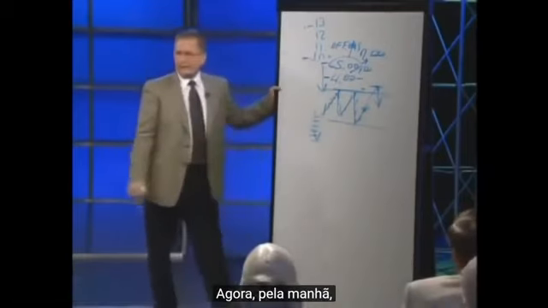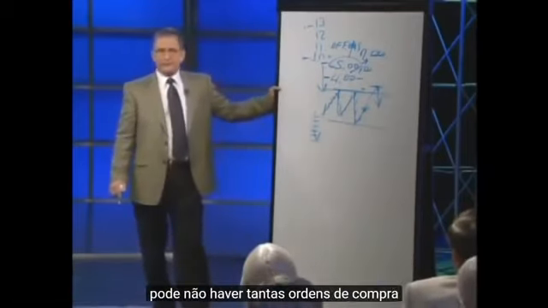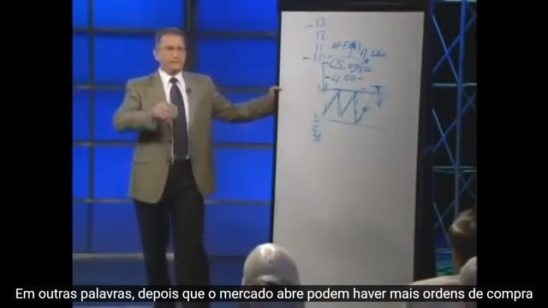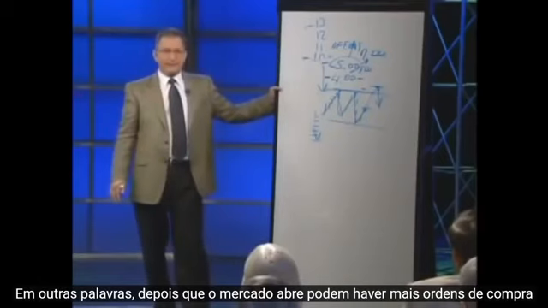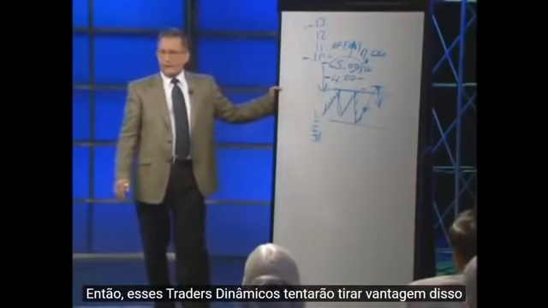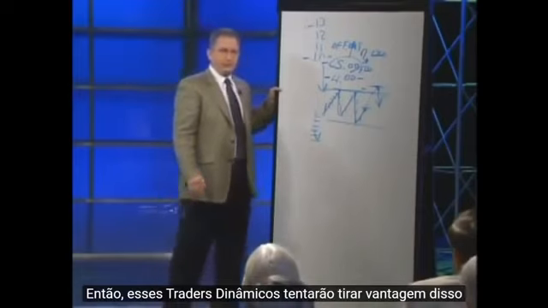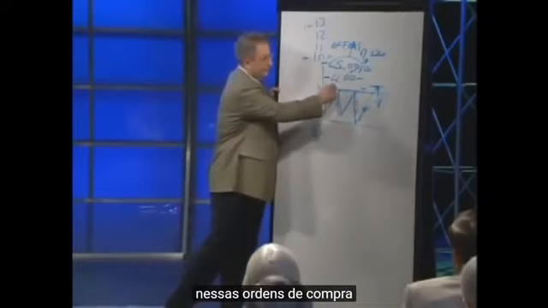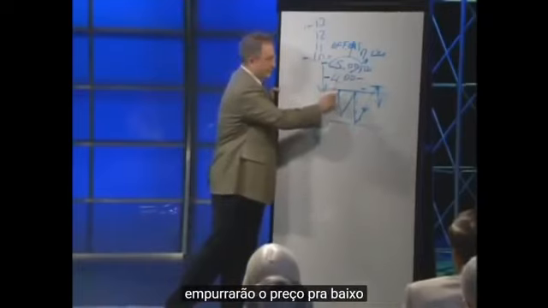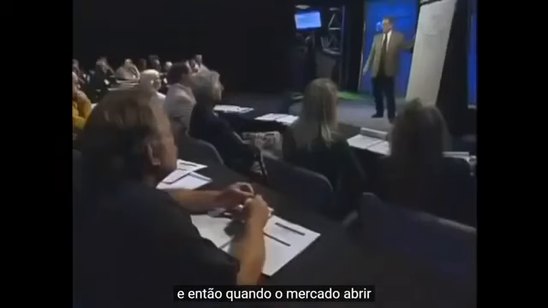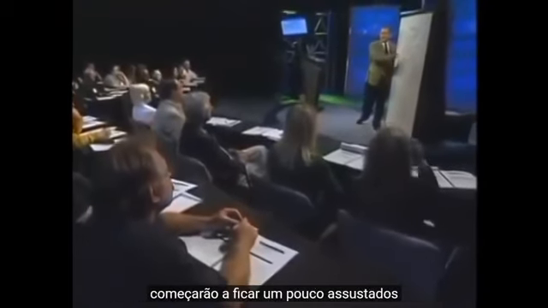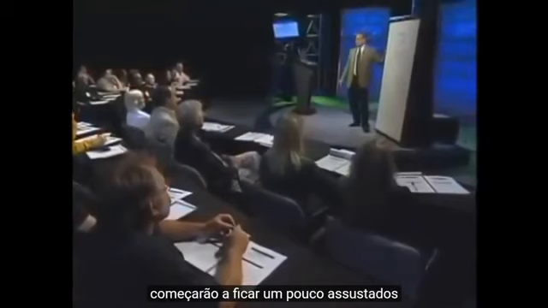Now, in the morning, before the market opens, there might not be that many bids. After the market opens, there'll be more bids that come into the market, but before it opens, there might not be that many. So if there aren't, what these dynamic traders will do to take advantage is hit those bids. In other words, they'll sell into those bids, drive the market down, and then when the market opens up, all of the weak longs, meaning people who aren't that confident, will start to get a little frightened.